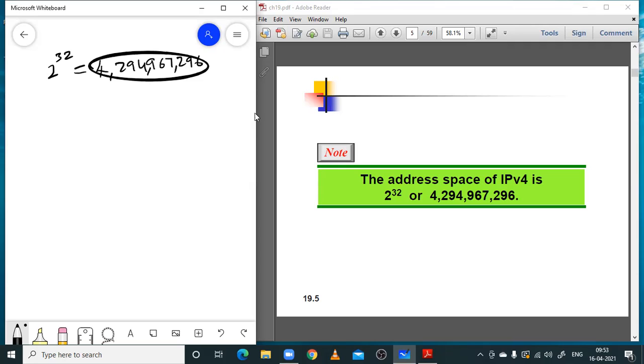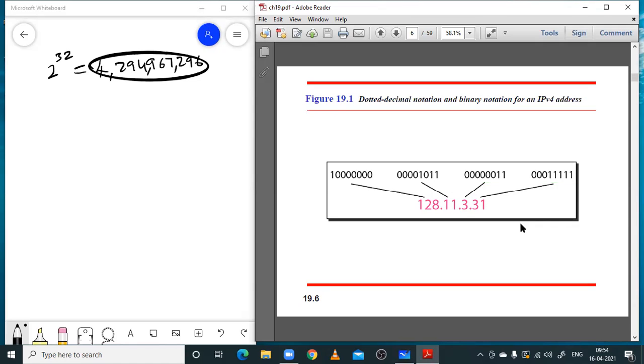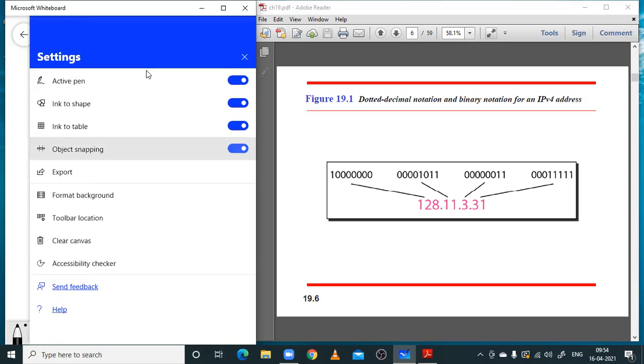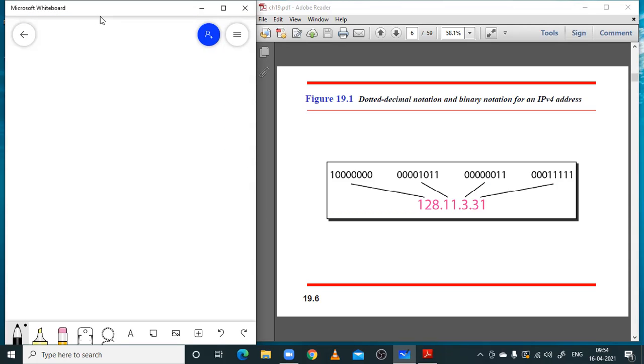Okay. So coming to the next point, you observe here one of the examples given over here. I am not discussing the class A, class B division, how it has been made. I already explained this in the lab session itself. According to IPv4 addressing, IP addressing is done in two ways.